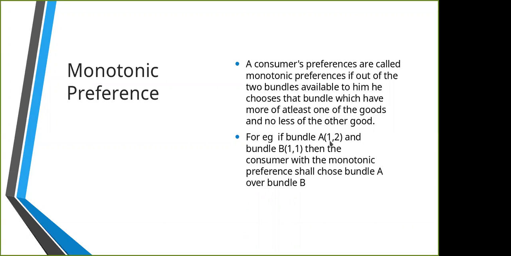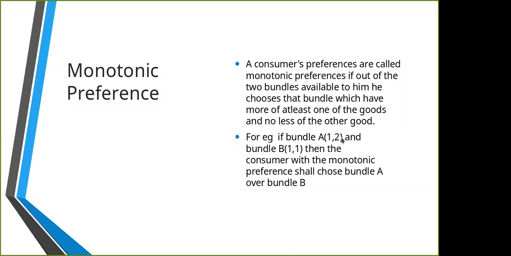Had there been a lesser quantity of commodity X in bundle A, say (0, 2), then monotonic preference would not have been possible, because in this case the quantity of commodity X would have been lesser in bundle A, but the quantity of commodity X in bundle B would have been more.